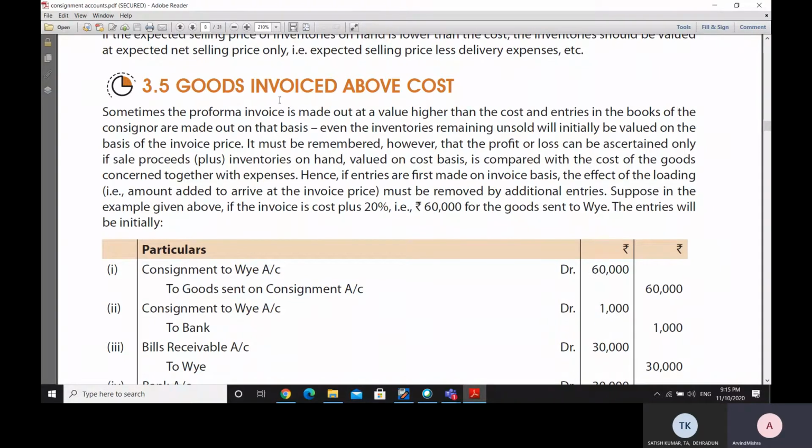Now, today we'll start with the situation in consignment accounts where goods are invoiced above the cost. Sometimes the pro forma invoice is made out at a value higher than the cost.